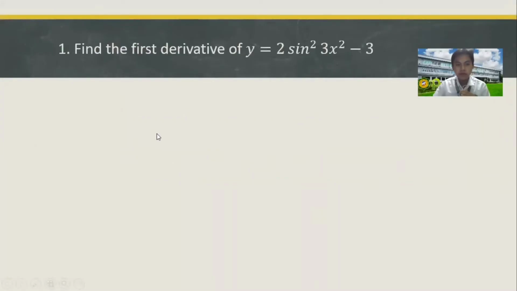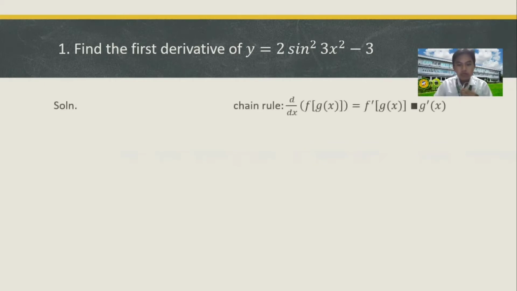Problem number 1. Find the first derivative of y is equal to 2 sine squared quantity of 3x squared minus 3. In this equation, we will use the chain rule, d over dx of f of g of x is equal to f prime of g of x times g prime of x.